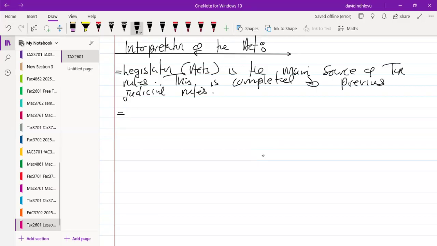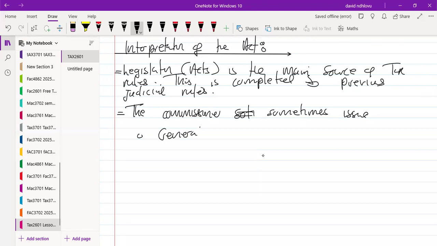However, the commissioner sometimes issues general binding rules and interpretation notes.